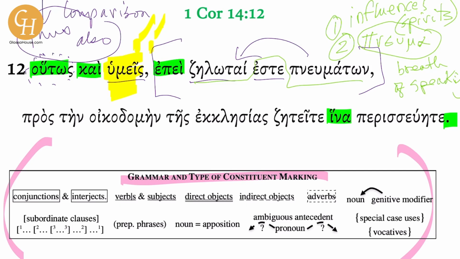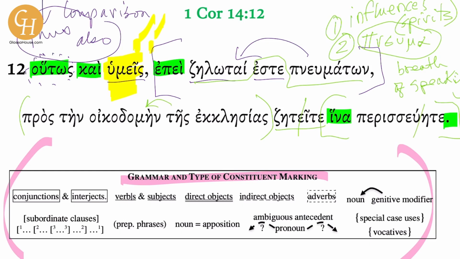The main sentence is what follows. Zēteite, seek, be seeking. That's present active imperative, second plural. Zēteō, it's an epsilon contract. Be seeking. And then we have this really interesting fronted prepositional phrase. Pros gets a parenthesis in front of it. Pros tēn oikodomēn tēs ekklēsias, seek for the building up of the church. Hina, purpose clause, in order that you abound.